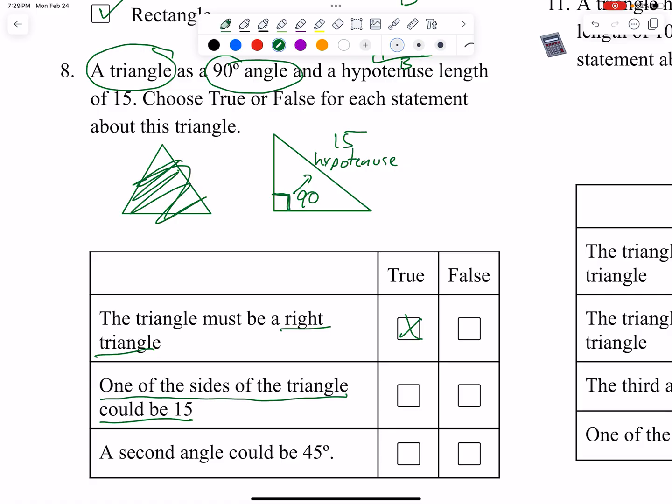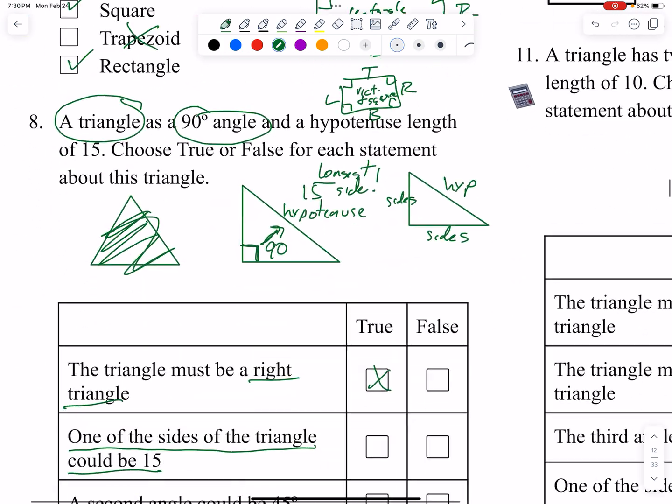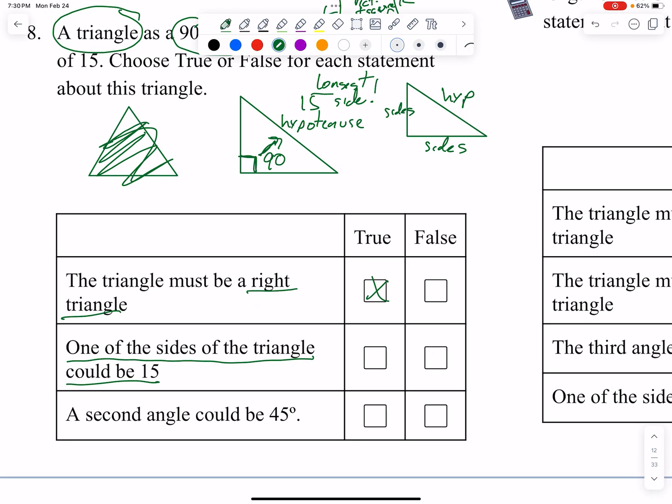Here's the thing about right triangles. In a right triangle, this is your hypotenuse and the other ones are your sides. The thing that makes your hypotenuse special, aside from it being across the 90 degrees, is that it will always be the longest side. Okay? So again, little mini lesson here. It's vocab. Okay? You got to know the differences between, like I said, squares and rectangles and these types of triangles.